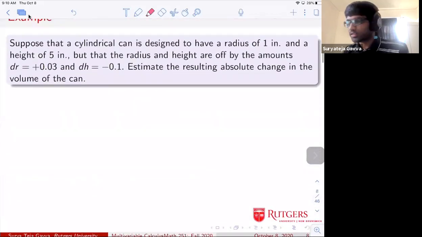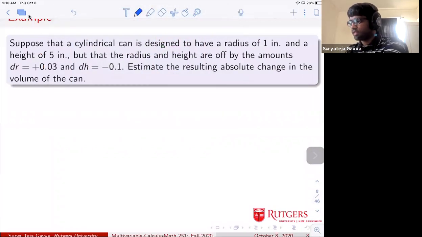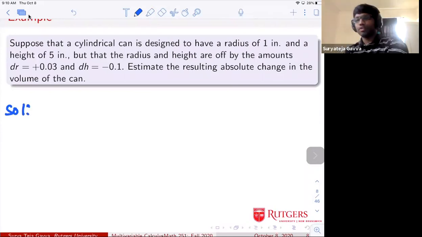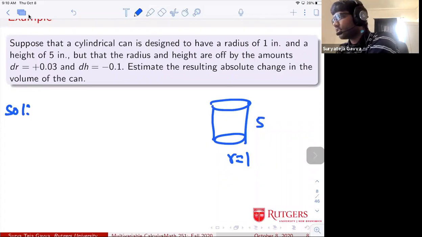Okay, so let's see this problem. There's a cylindrical can of radius 1 and height 5. So there is a cylinder with radius 1 and height 5, which is what you thought were the radius and the height you're trying to build.